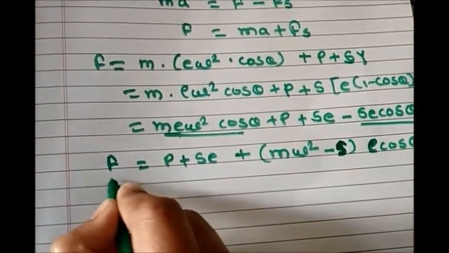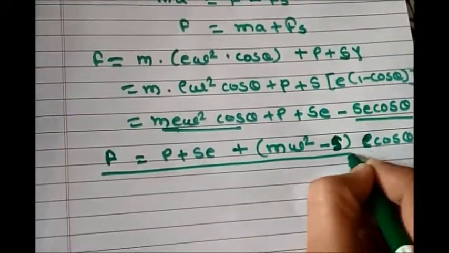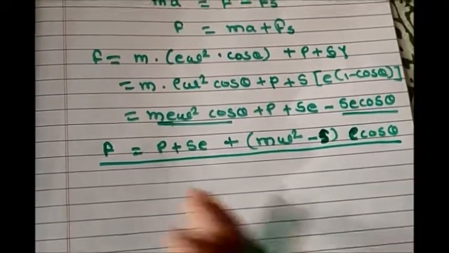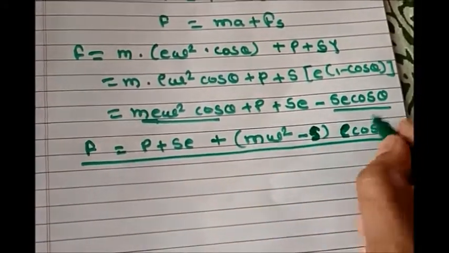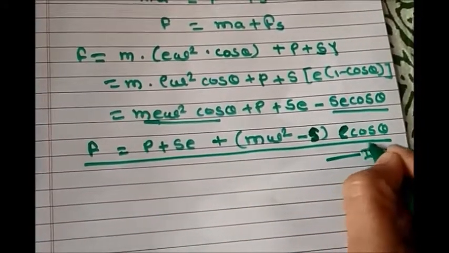When we take e cos of theta common, m omega square minus S remains. This is the equation for contact force. So see this equation of contact force carefully. Let us say this is equation number 2.